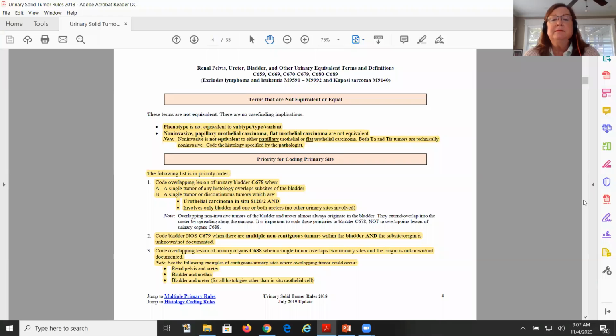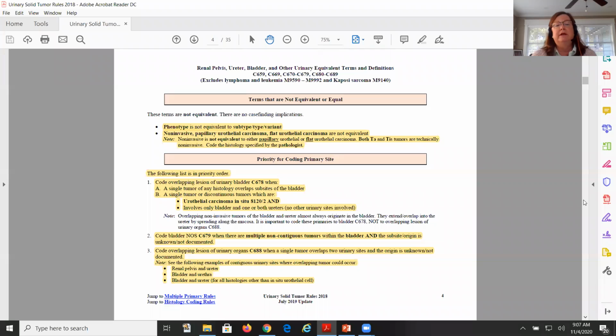So for coding primary site, we have a priority list to refer to. Just as you do when you're going through the rules, when you go through these instructions for determining primary site, you would stop at the first instruction that applies.